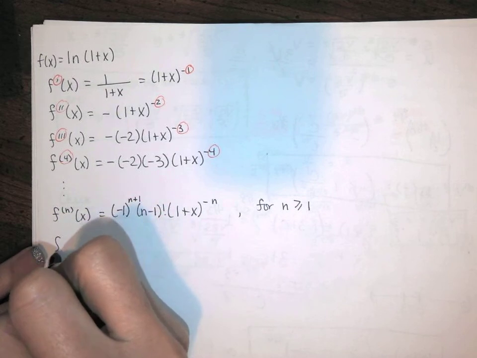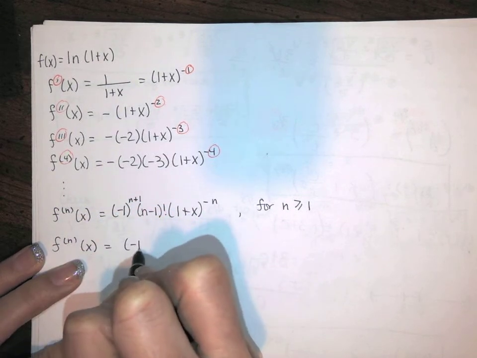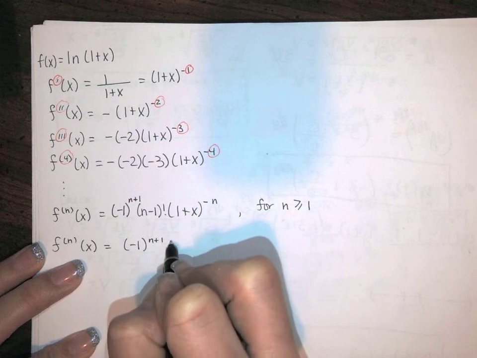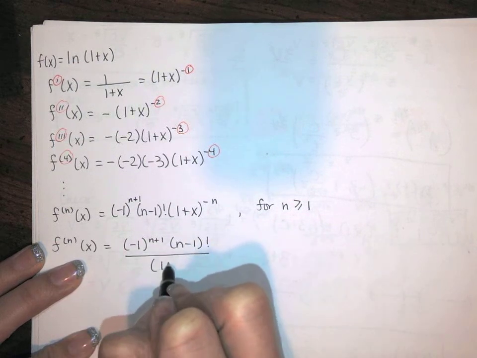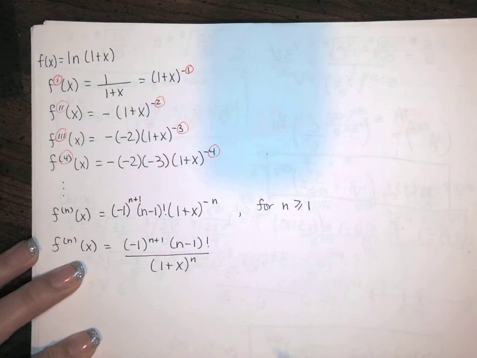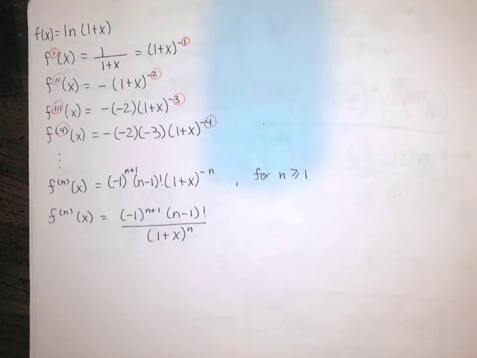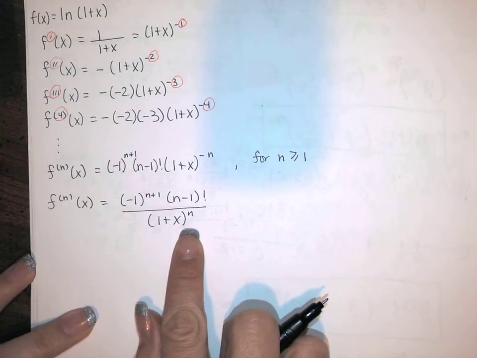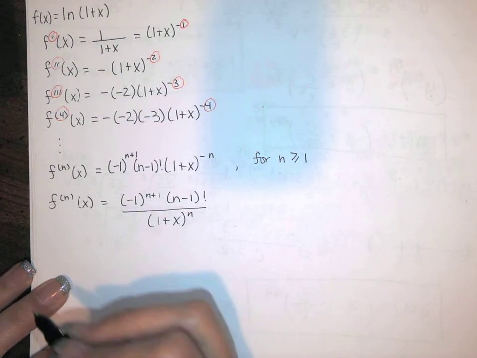So this is the nth derivative of our function, and we need to maximize this on the interval from 0 to 0.5.